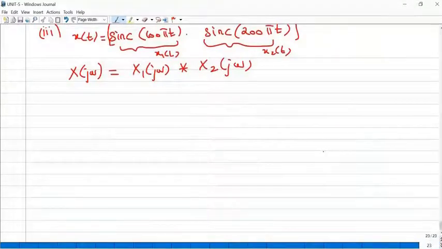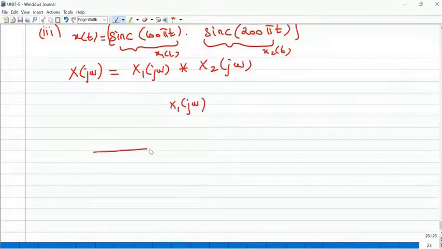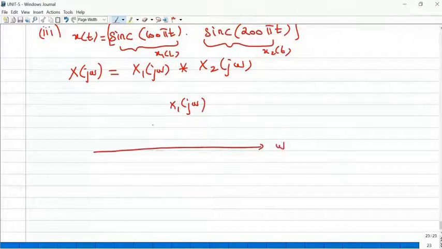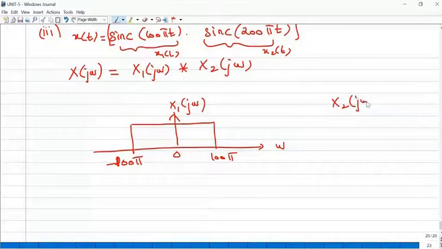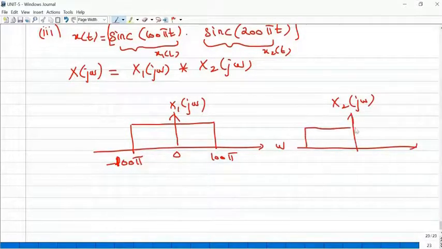So your x1 of j omega spans minus 100 pi to 100 pi. Your x2 of j omega spans minus 200 pi to 200 pi.